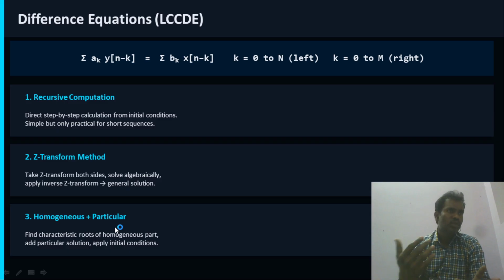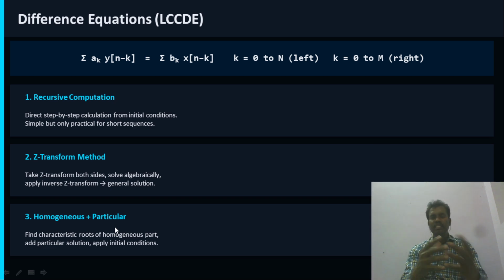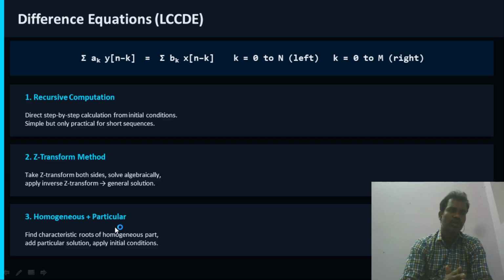Zero input response means the system has some initial state, represented with some output. But zero state response means it does not have any initial value or initial state. The initial state is 0 when the switch is open. When the switch is closed, that is the instant we apply the input.